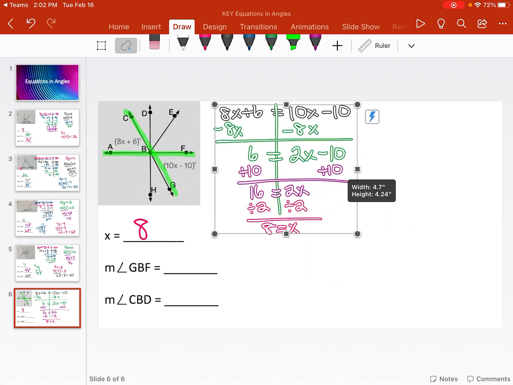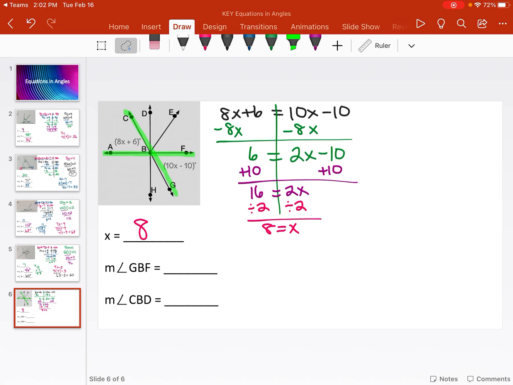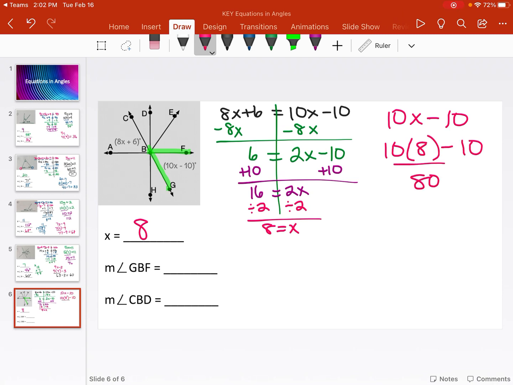Okay. And now let's substitute in so we can find the measure of angle GBF. So let's look. GBF is this angle right here. So we're going to do 10x minus 10. We know x is 8, so 10 times 8 minus 10. That's 80 minus 10, which is 70.